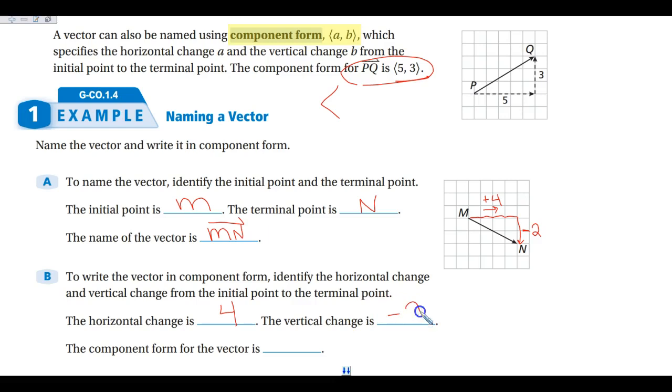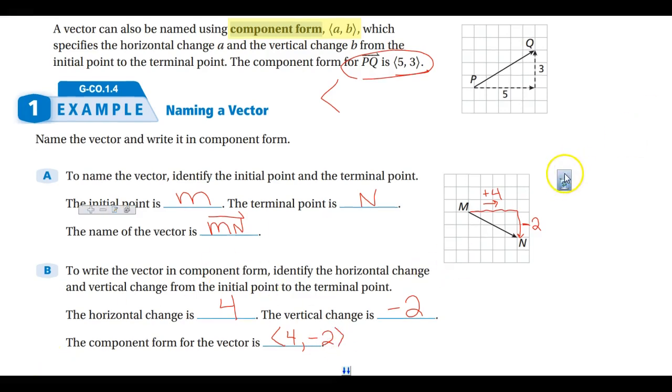So it's a negative direction. All right, so just like here, we're going to keep our sign with the distance change. If it's a positive direction, make your point positive. If it's a negative direction, make that point negative. All right, so we are using, again, those angle brackets to show that it is not a coordinate. My horizontal change is a positive 4. My vertical change is a negative 2.